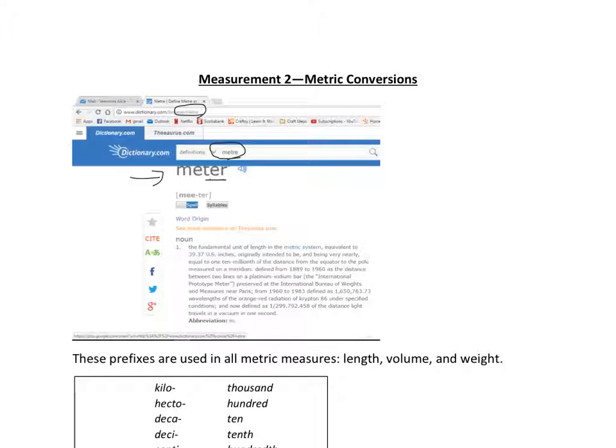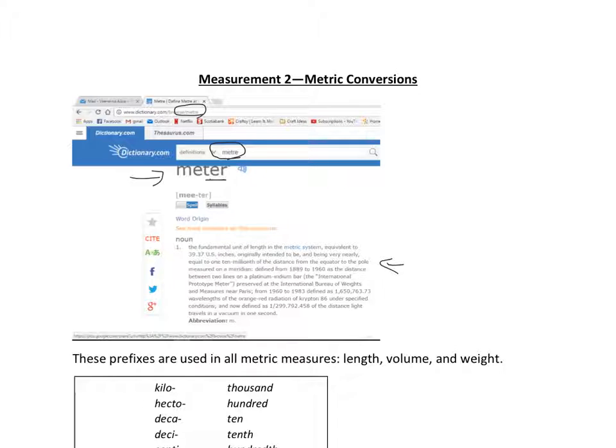And it's interesting because the meter hasn't always had the same definition. Initially, it was 1/10,000,000th of the distance from the equator to the pole, measured on a meridian. And then it became the distance between two lines on a platinum iridium bar, the international prototype meter, which is still in Paris.